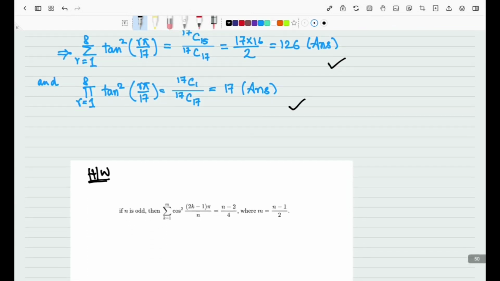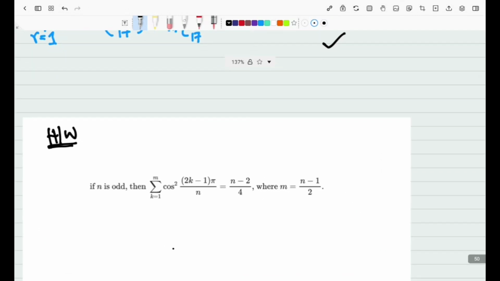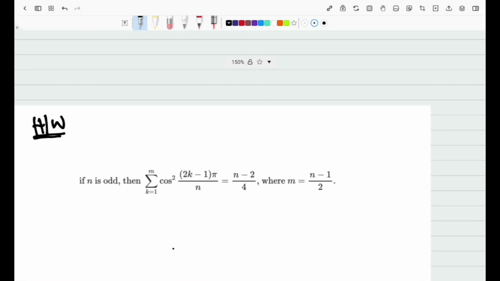In the question in the video we solved for tan squared theta, and in the homework problem we are giving it for cos squared theta. It is a more general derivation, for n equal to odd, as you can see. The solution will be provided in the next video.